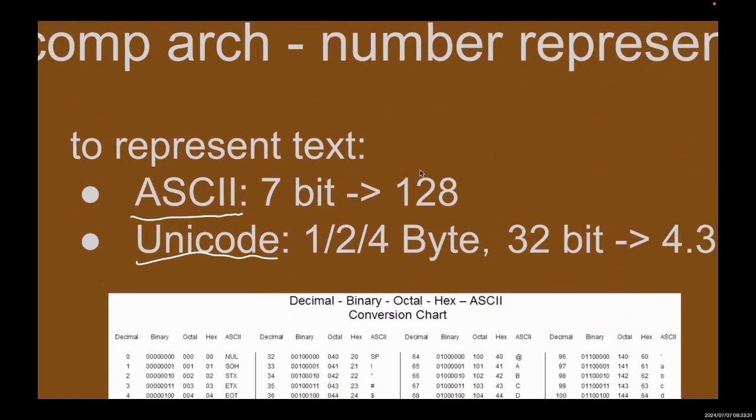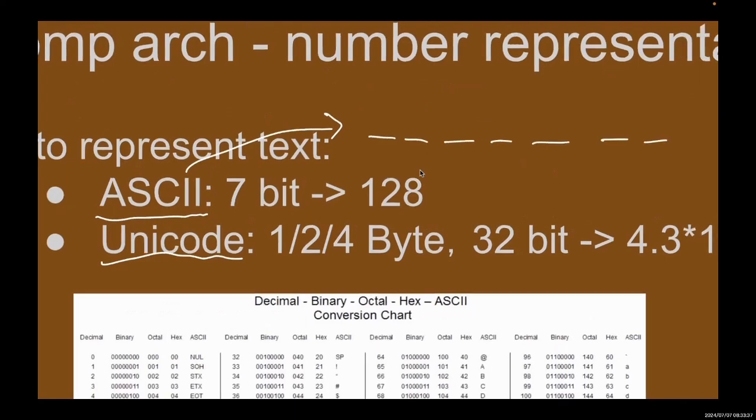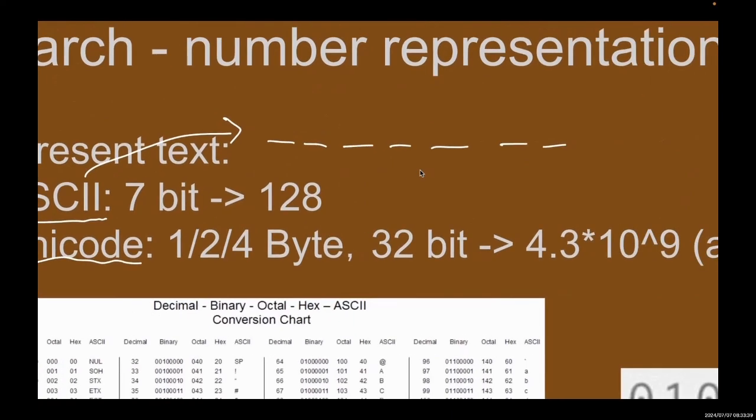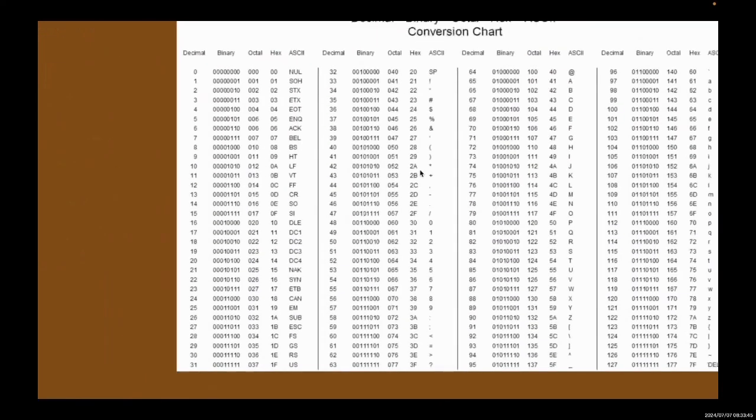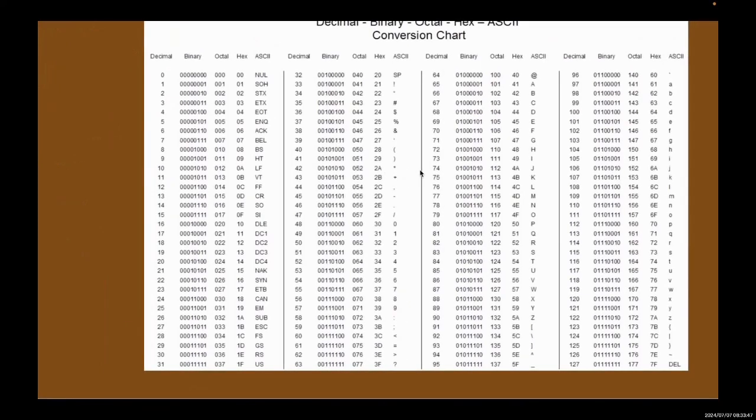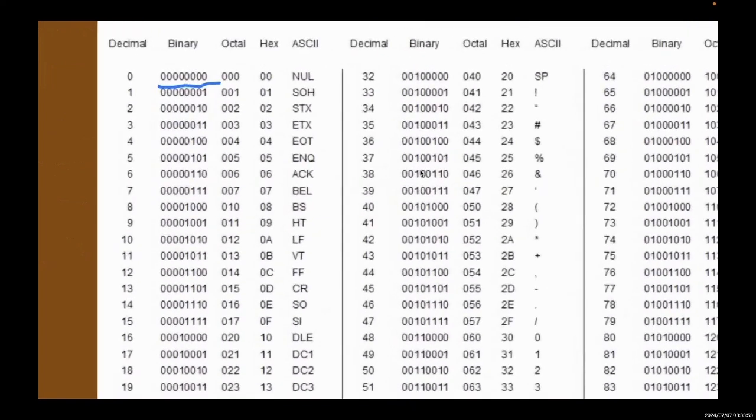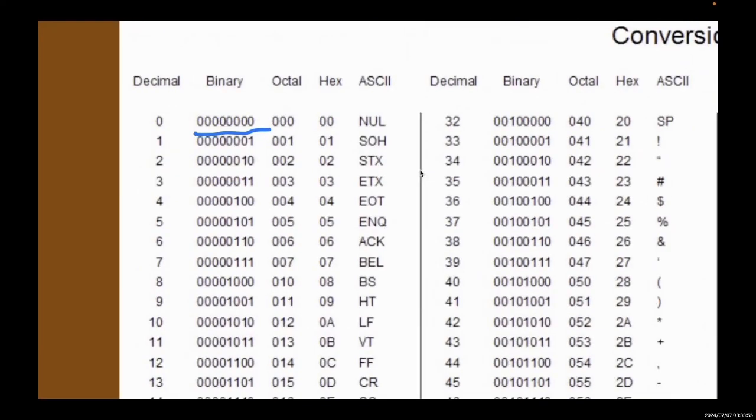What are they? So ASCII is like I have 7 bits, and I can represent 128 symbols, right? And so we just represent them, and so these are 7-bit, and the first is all zeros.